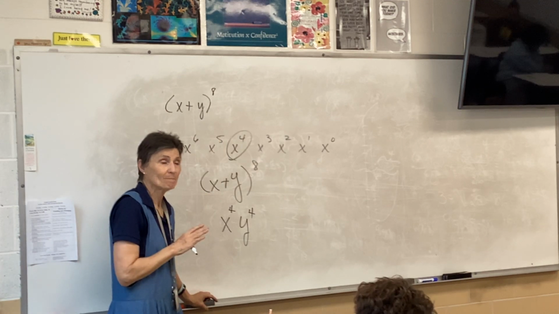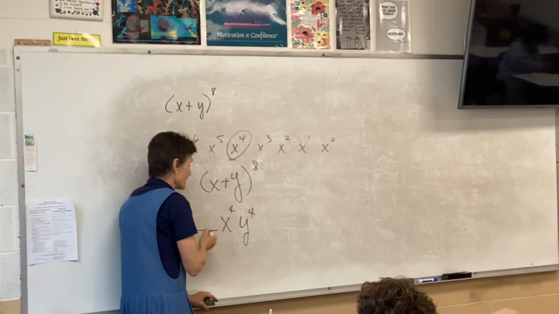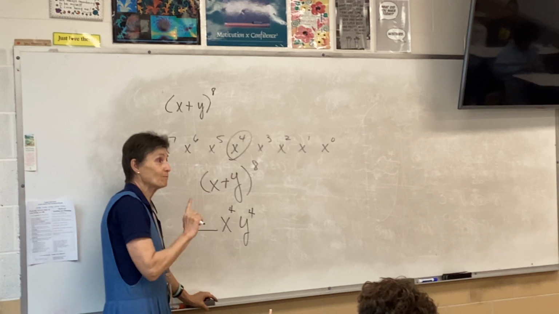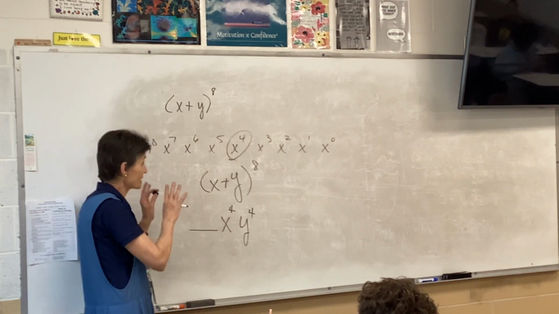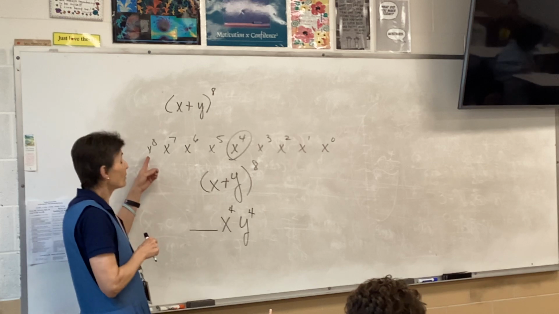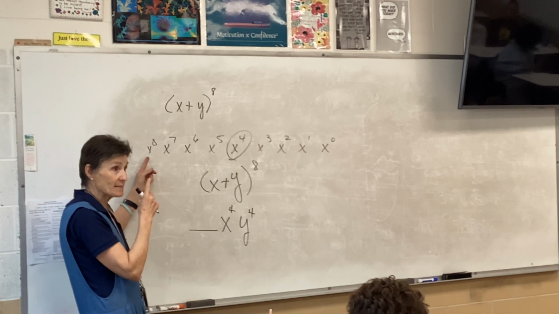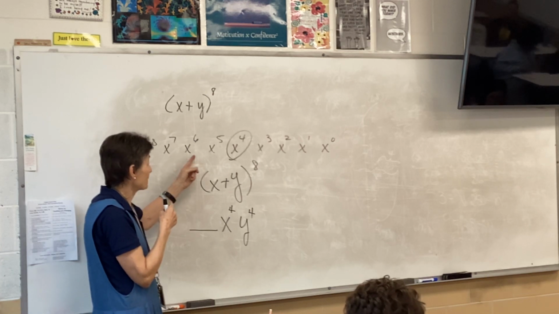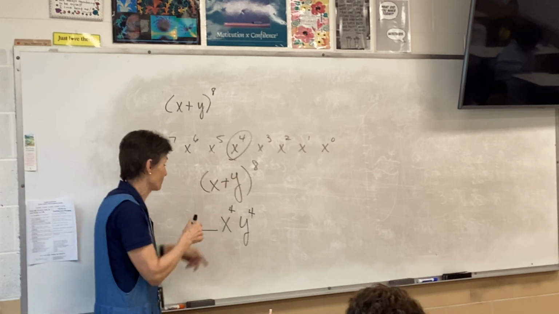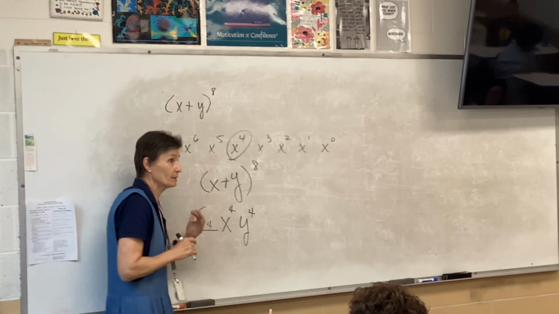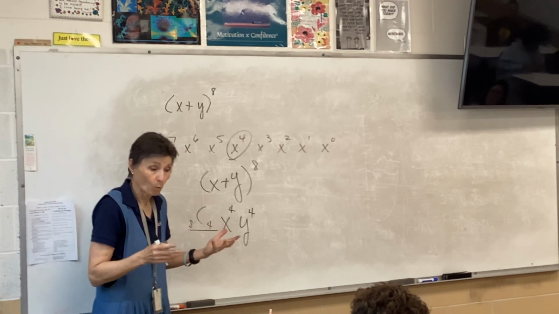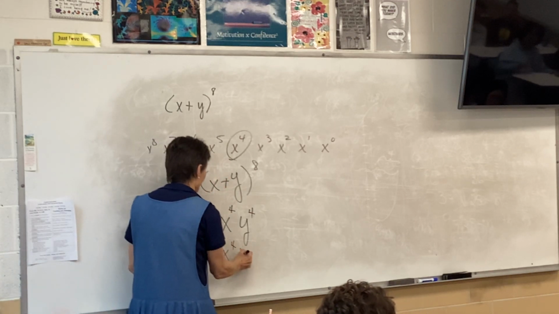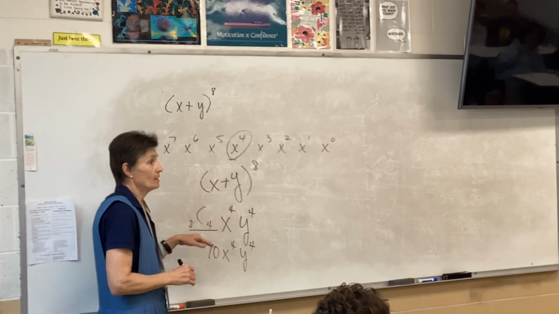And the only thing I'm missing is my coefficient, which I could either get from Pascal's triangle, or I could say this coefficient would be 8C4. Then I can go to my calculator. 8C4, what is it? 70.